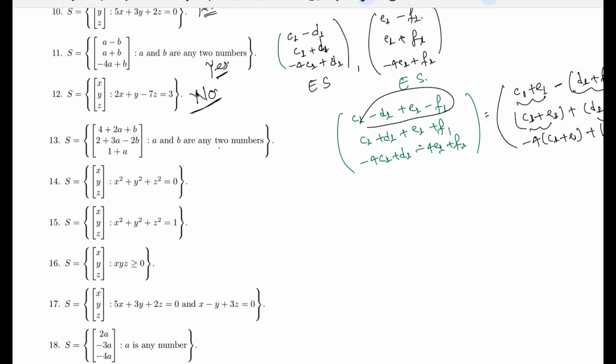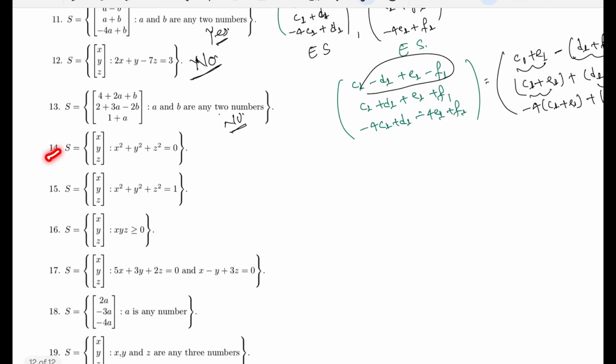You will not find any numbers a and b simultaneously such that you will get here 0, 0 and 0, right? You can try. You just need to find a and b such that this is equal to 0, this is equal to 0, we have all three components 0. You will not be able to find it, right? So the 0 vector is not in this set, so that is why this is not a subspace.